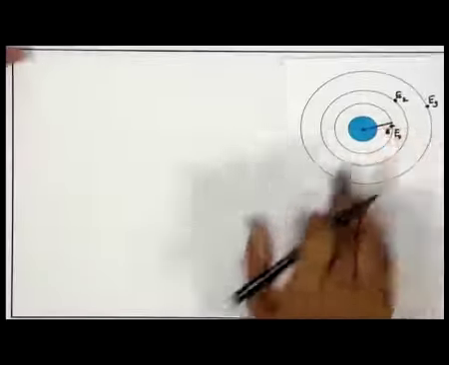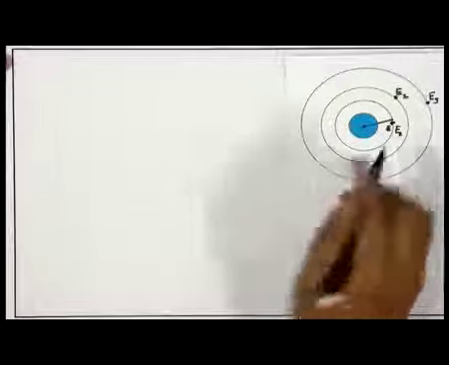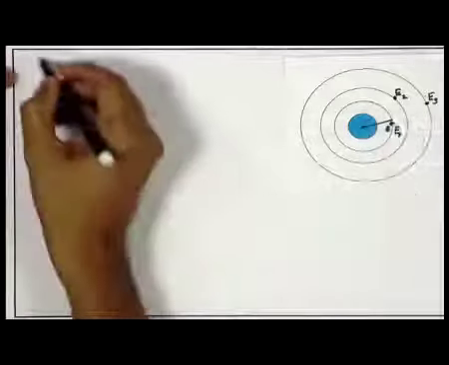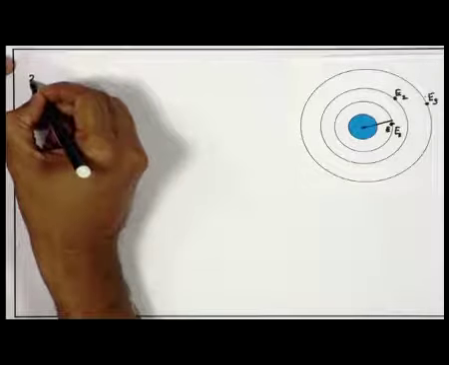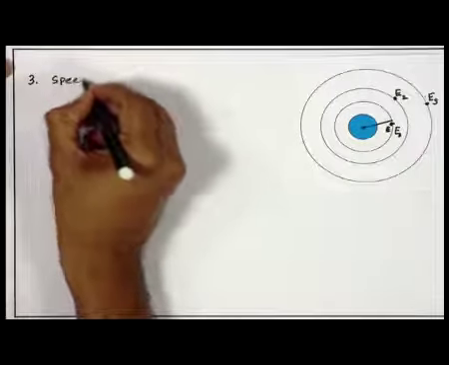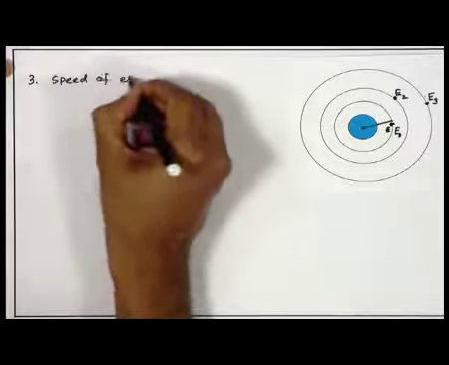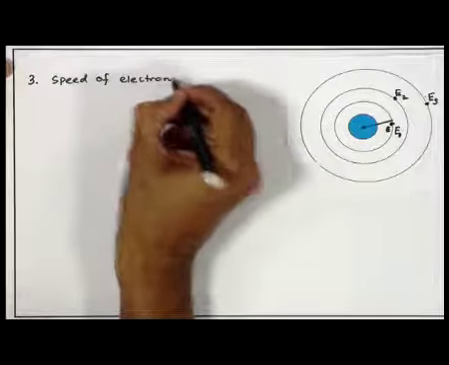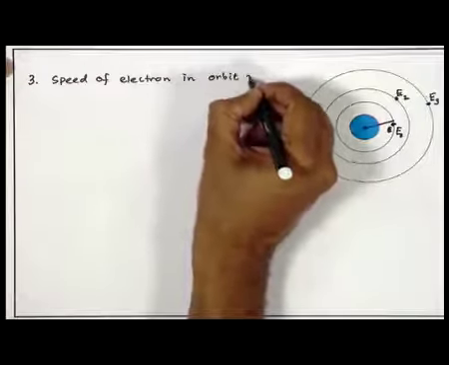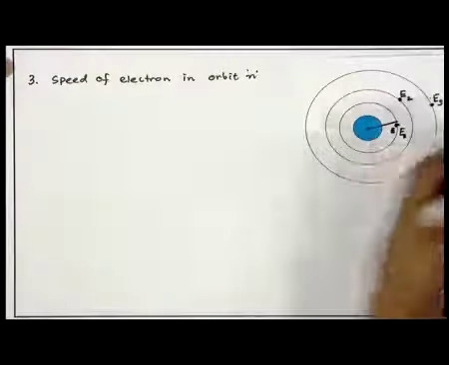So, we saw that Bohr's atomic model could give an analytical expression for the radius of these orbits. We can also use Bohr's atomic model to get the speed of the electron in any orbit n.